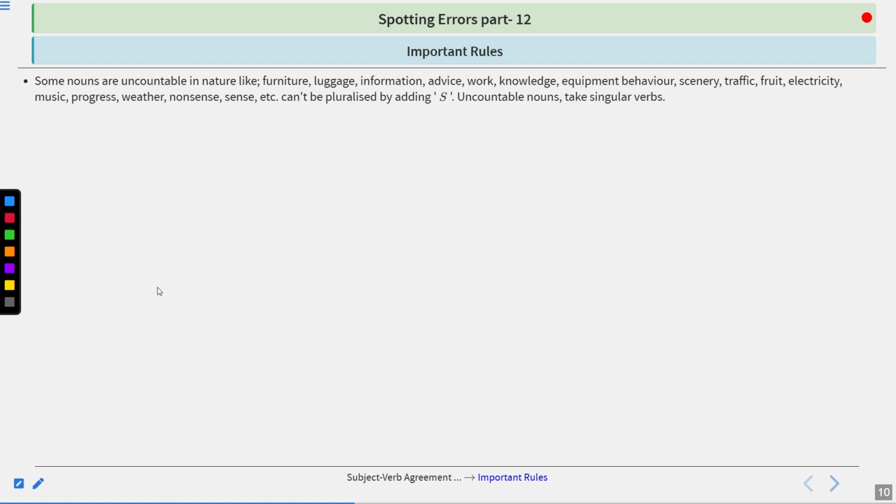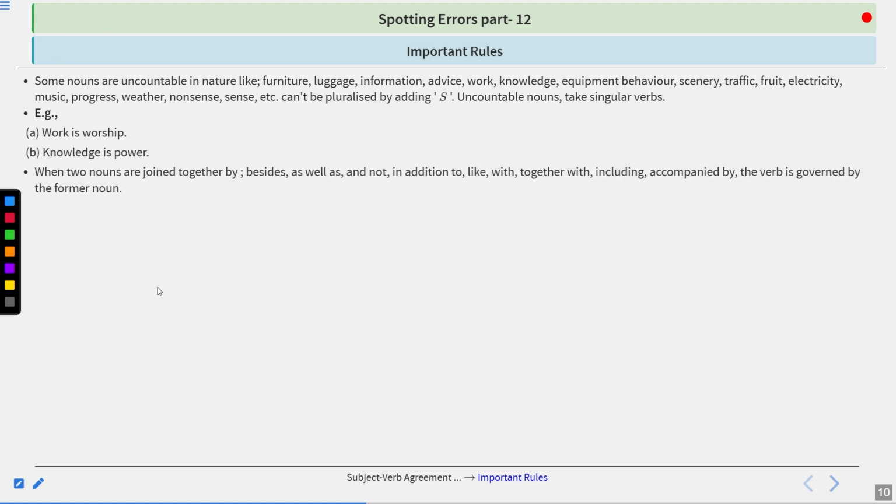Uncountable nouns take singular verbs. So with uncountable nouns, you can't use s to make them plural, and you have to use singular verb with them. Example: work is worship. Knowledge is power.